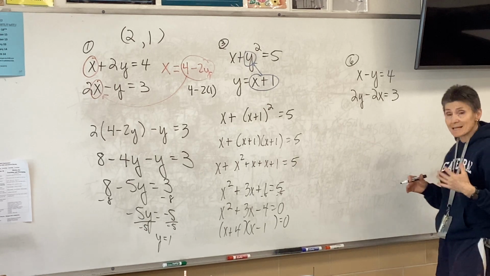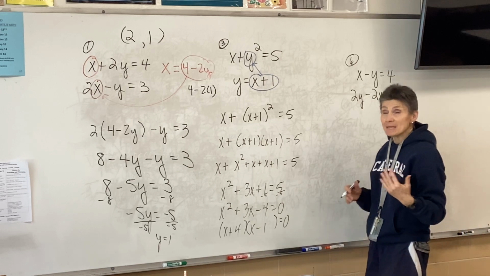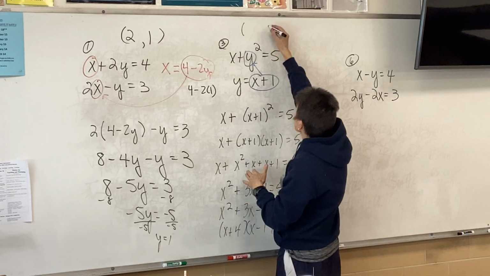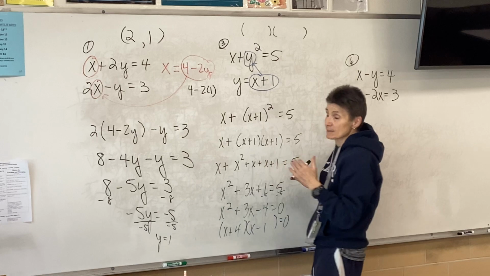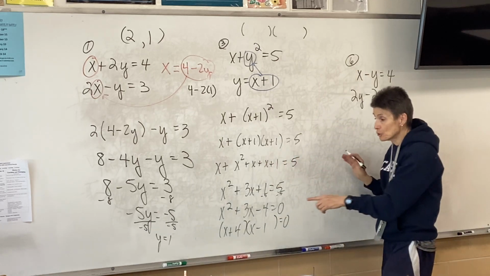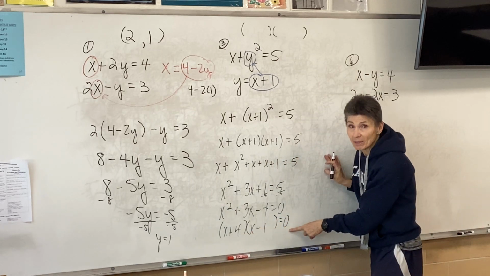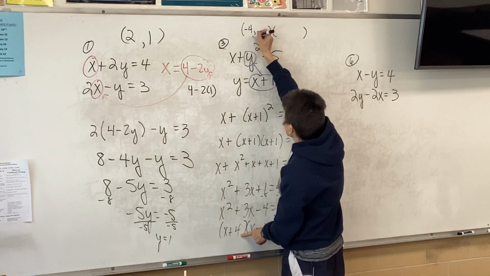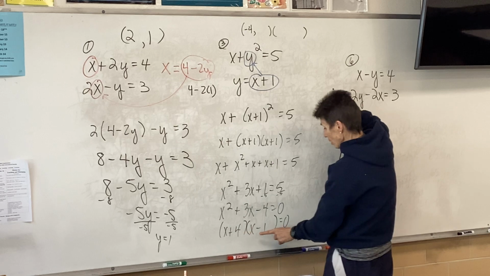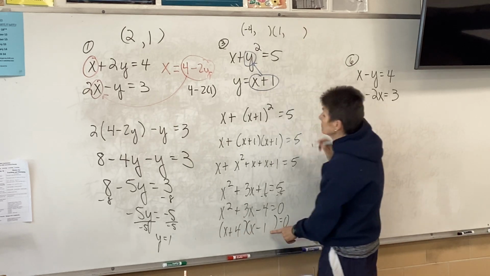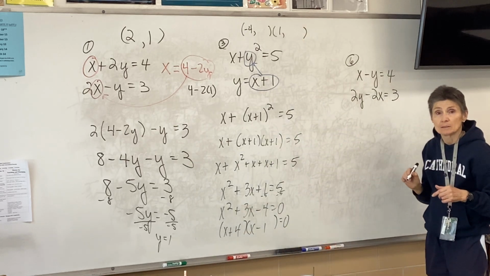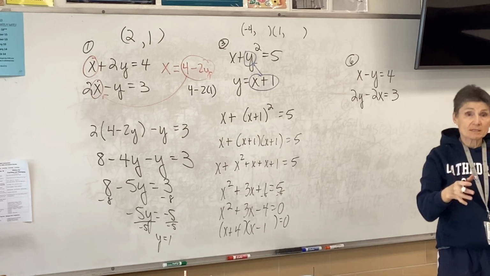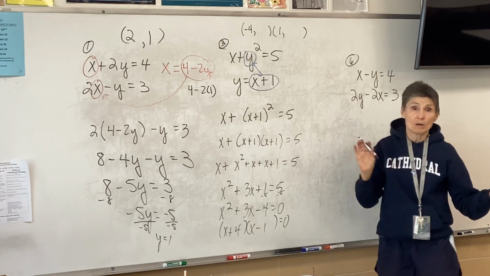Now, what does that mean? That means that this time there are going to be 2 points because there are 2 x values. So x can be -4, these are x values, or x can be 1. So since there are 2 x values, there's going to be 2 y values.